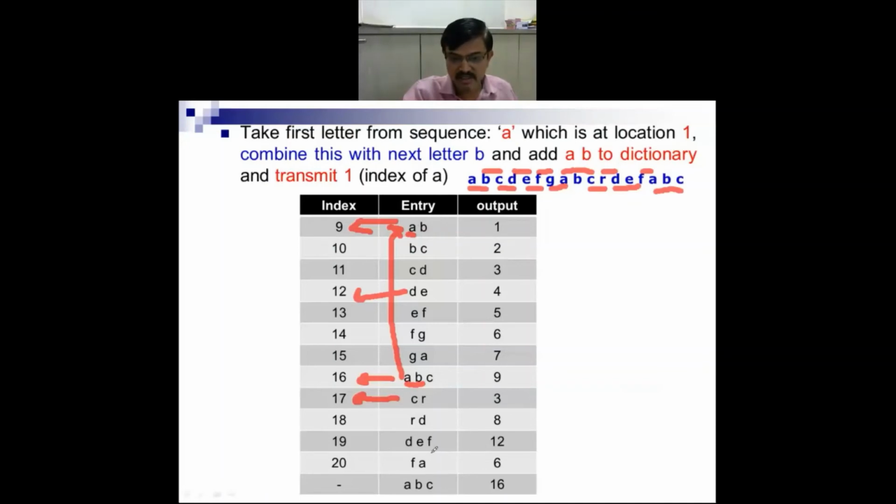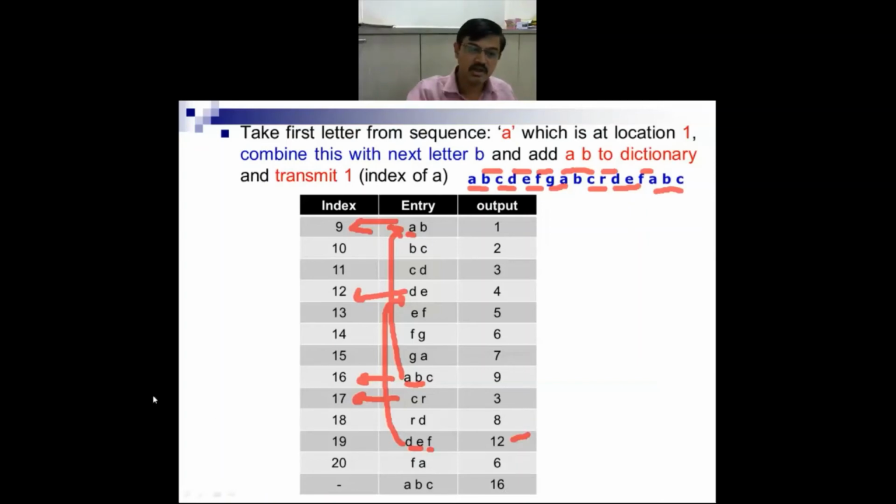Similarly, if I take the case of DEF, F is my innovative bit and DE is my prefix, right? And this prefix is present over here at location number 12. So I will only transmit 12 in the output. So my final output for this given sequence is going to be 1, 2, 3, 4, 5, 6, 7, 9, 3, 8, 12, 6 and 16.